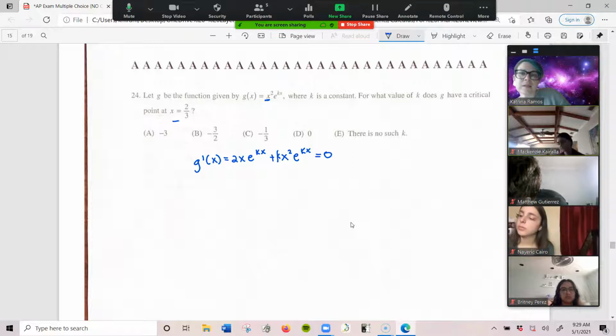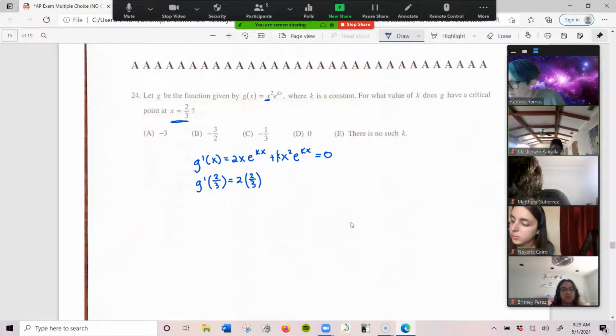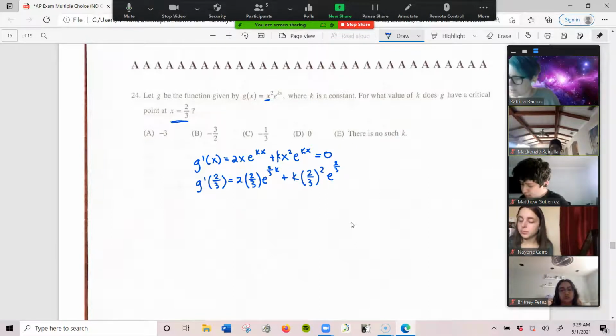And now we're going to plug in x is equal to 2/3 because that's when we have a critical point. So g prime of 2/3 is going to equal 2 times 2/3 times e raised to the 2/3 k plus k times 2/3 squared times e raised to the 2/3 k equals 0.